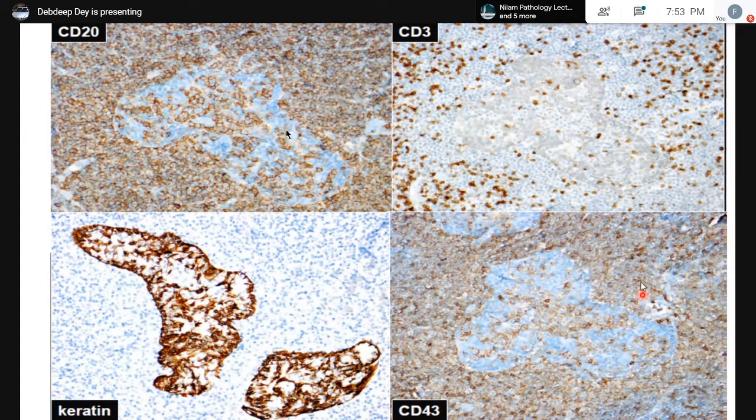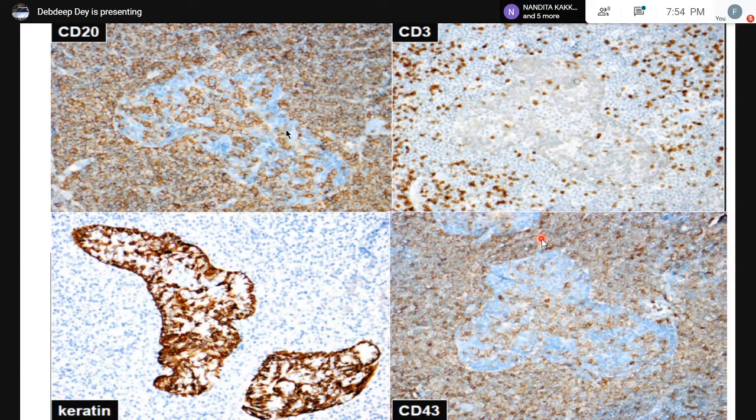B cells. And CD43 is only one of the markers which comes up in about 50% of marginal zone lymphoma cases, and CD43 is positive within the CD20 positive population. Therefore, one has to understand that there is no specific marker for marginal zone lymphoma.